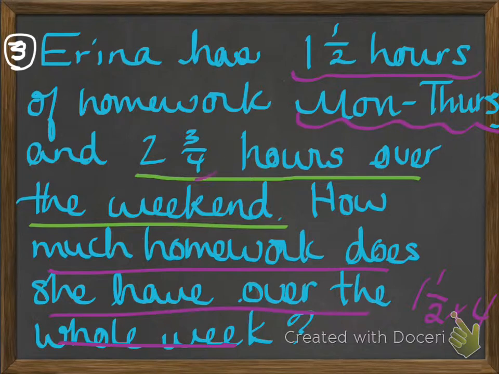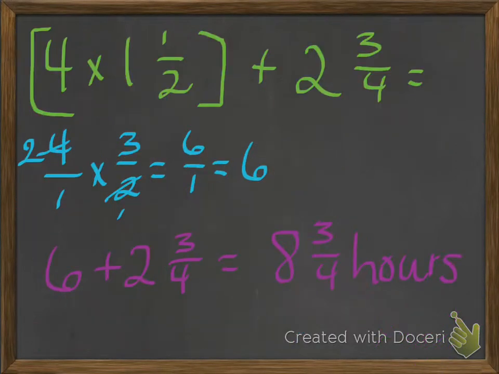And then I'm going to add on 2 3/4 hours for the homework she has to do over the weekend. So that's what I did over here. You see I did 4 times 1 1/2 for those 4 days, and then I put those in brackets or parentheses so that I knew to do that first, and then I will add on the 2 3/4.